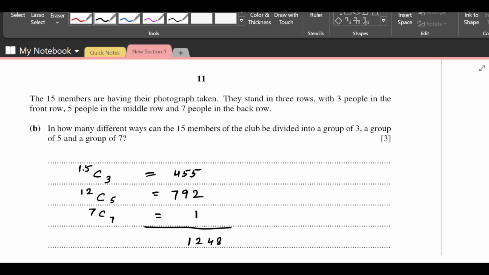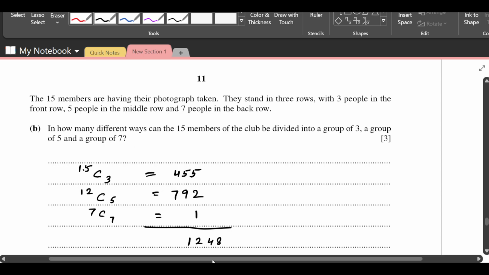Okay, the total here, actually I must multiply, not add.